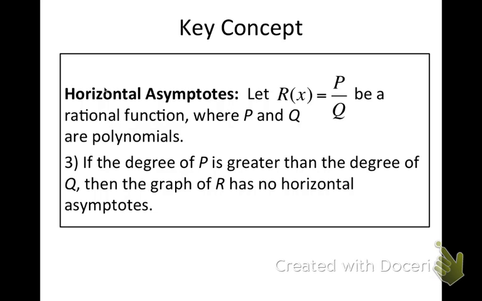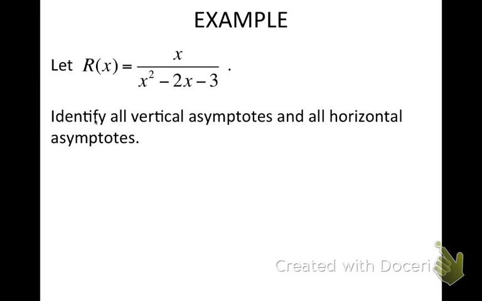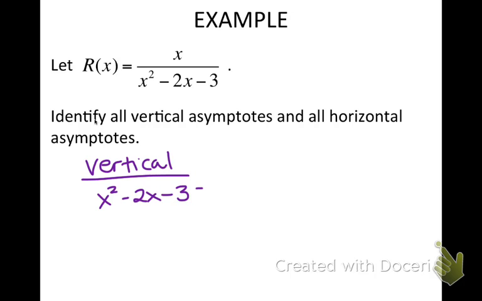Let's pick apart some rational functions and see if we can identify all the asymptotes. Here's our first function: R of x is equal to x over x squared minus 2x minus 3. Identify vertical and horizontal asymptotes. How do we do the vertical? Set the denominator equal to 0. x squared minus 2x minus 3 equals 0.